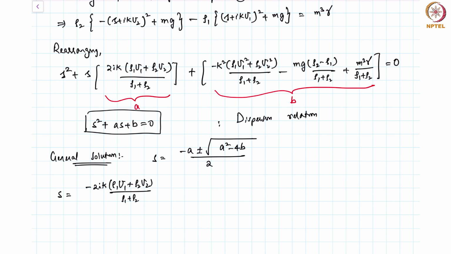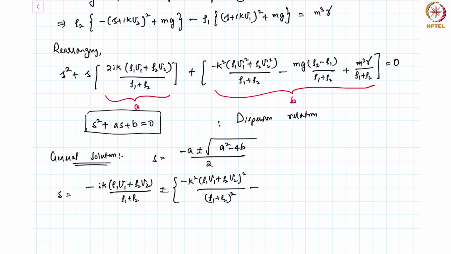This divided by 2, so essentially this 2 cancels out, minus ik plus or minus, I have a thing in the square root here, A square, that is minus k square (rho 1 u1 plus rho 2 u2) whole square by (rho 1 plus rho 2) whole square, minus 4B.